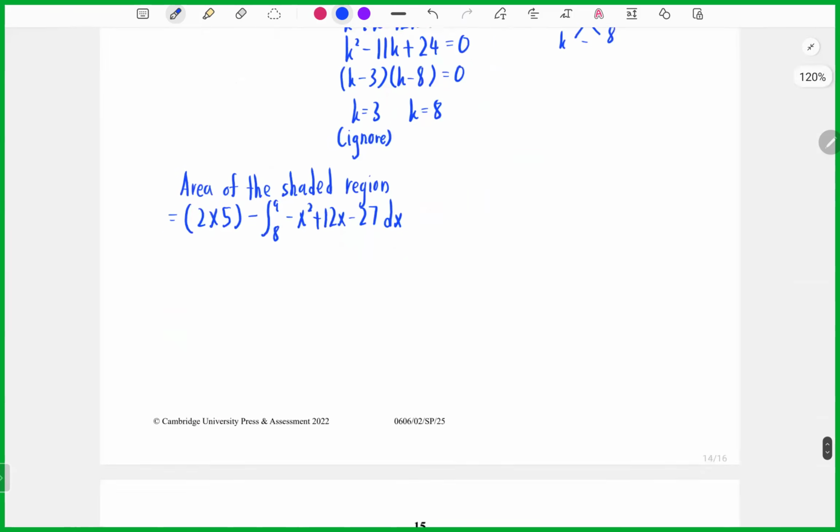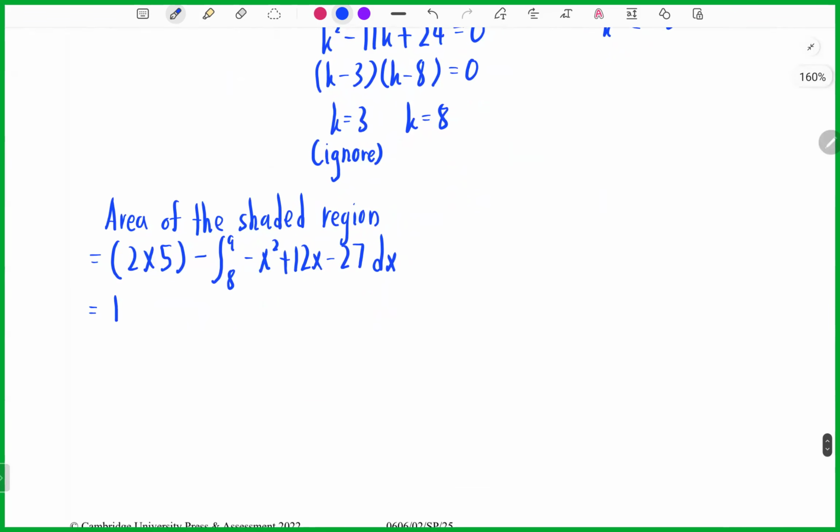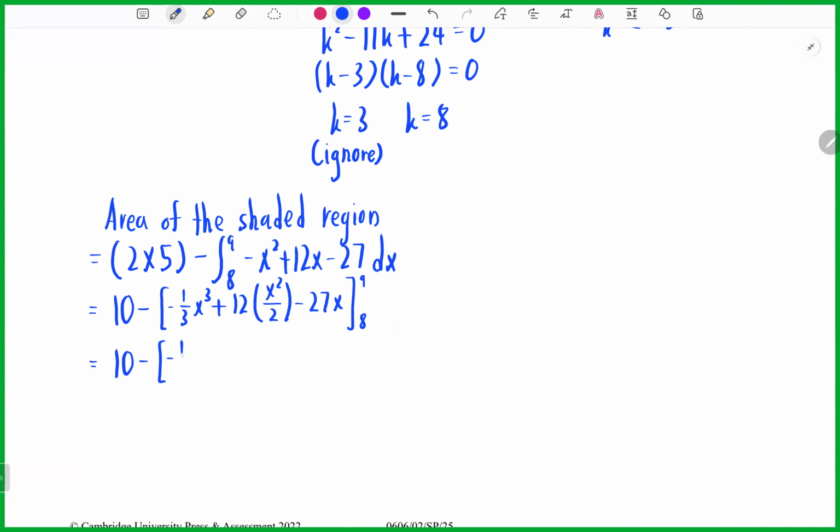So this equals 10 minus, integrating, we get negative 1 over 3 x cubed plus 12 times x squared over 2 minus 27x, from 8 to 9, which is 10 minus negative 1 over 3 x cubed plus 6x squared minus 27x.